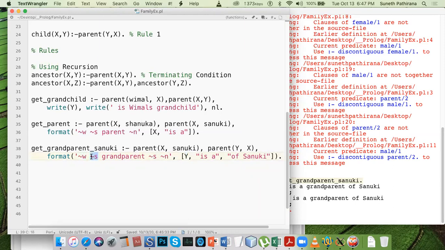So ~s means a user defined string. "Is a" and another string appearing after another user defined term, grandparent. So we have a second string, that is "of Sanuki".